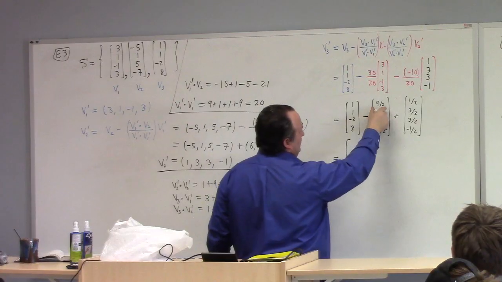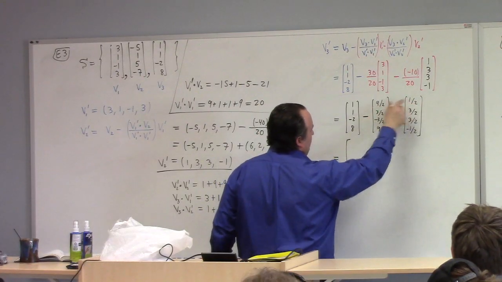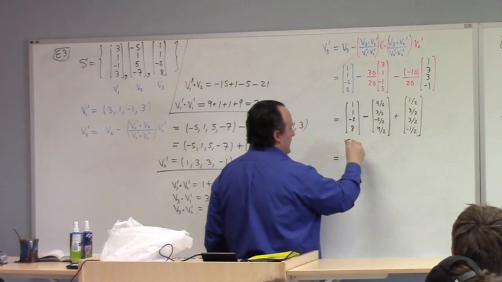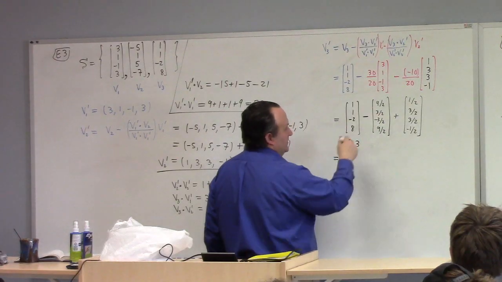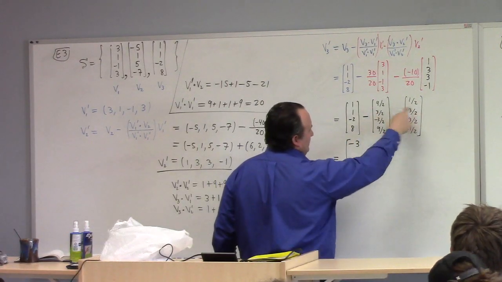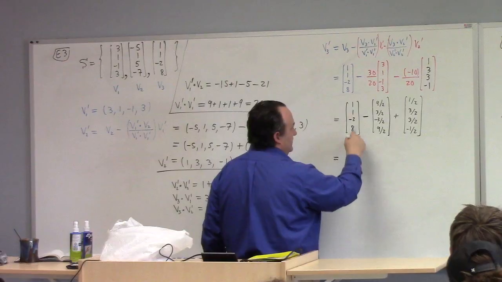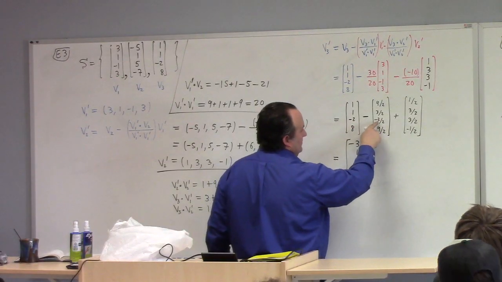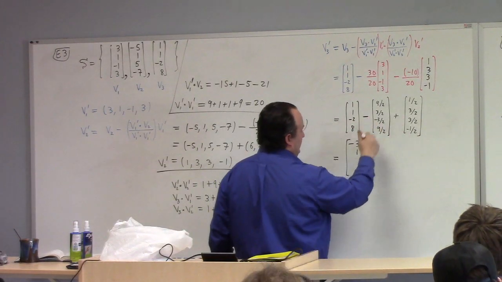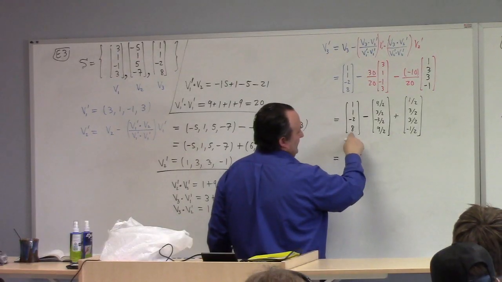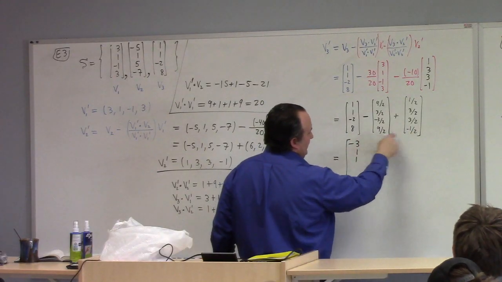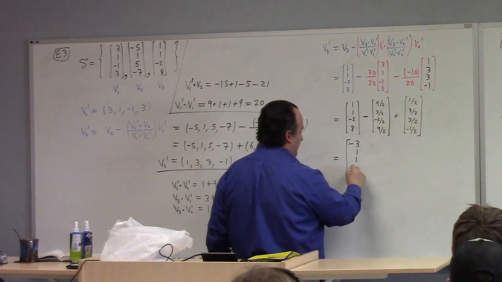1, this is what? This is minus 9 halves. So we've got a minus 8 halves, which is minus 4. I believe I have a minus 3. The 3 and the 3 halves, these guys would be canceling. I got a 1. Again, oh, plus. So plus 3. So I get a 1. And then this looks like a net of minus 10 halves, also known as minus 5, so I got a 3.